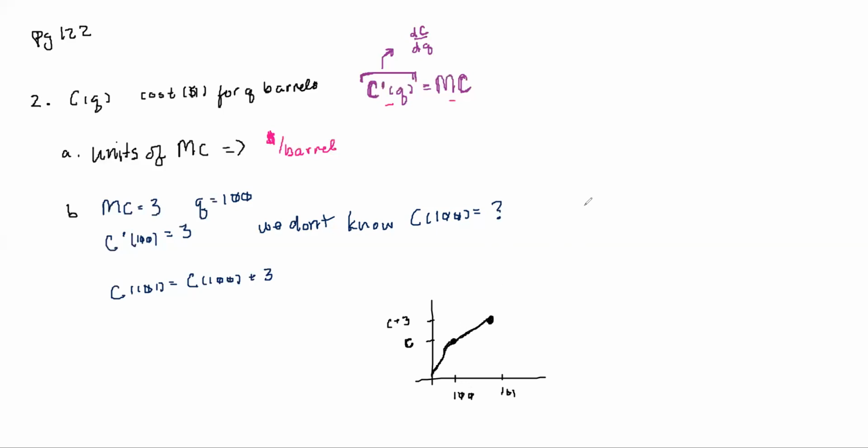I hope I explained that well enough. Does it conceptually make sense in terms of what we've been discussing about derivatives? The rate of change between 101 and 100 is going to be 3, but we're just explicitly stating that it's cost and quantity. Okay. Okie dokies.